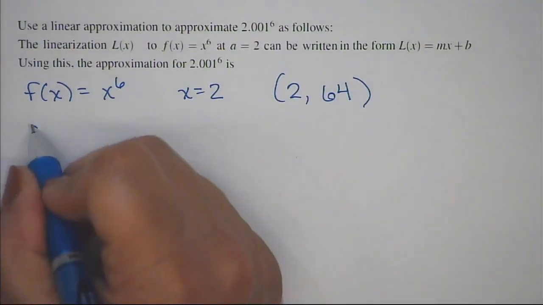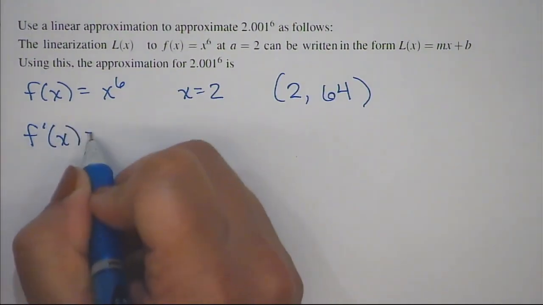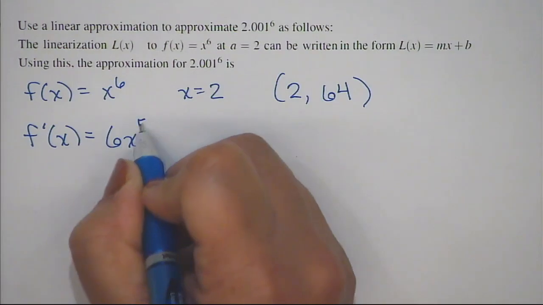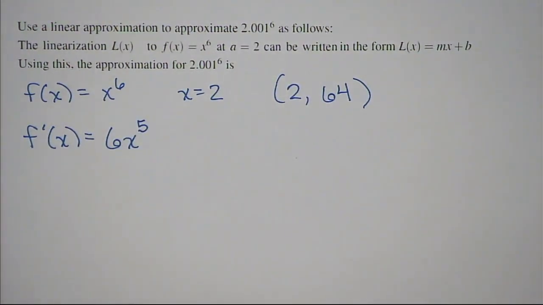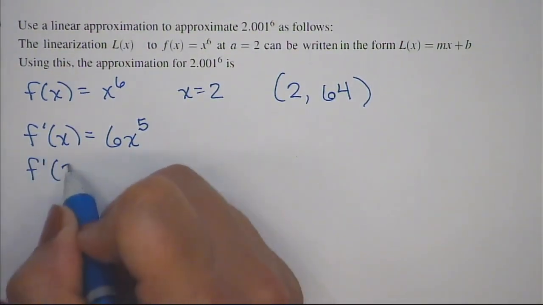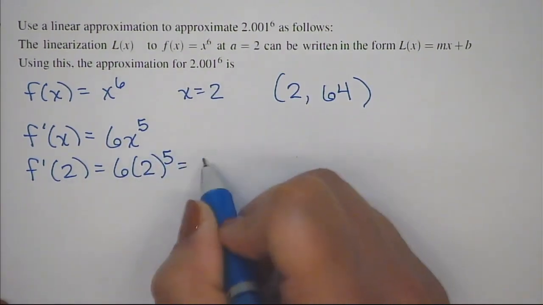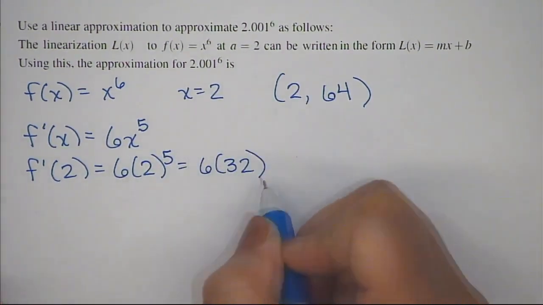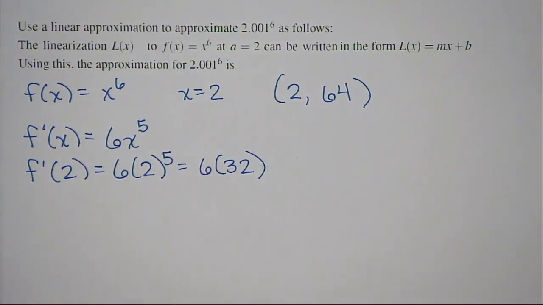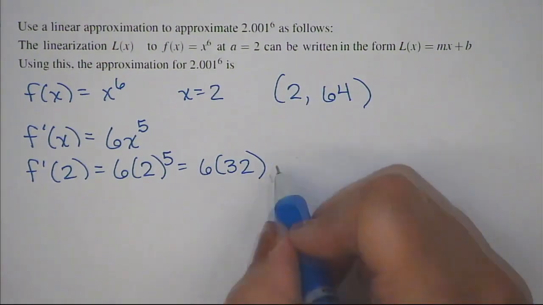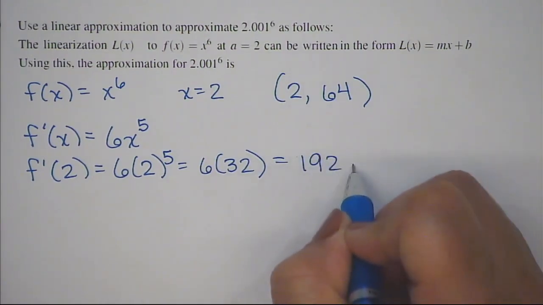Then we're going to find the derivative. That's easy enough, 6x to the 5th. We're going to plug 2 in there to find the slope. So f prime of 2, 6 times 2 to the 5th, so that's 6 times 32. What is that? 192. So there's your slope, this humongously big slope.